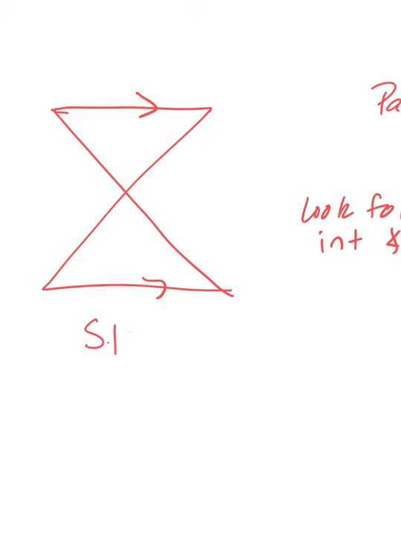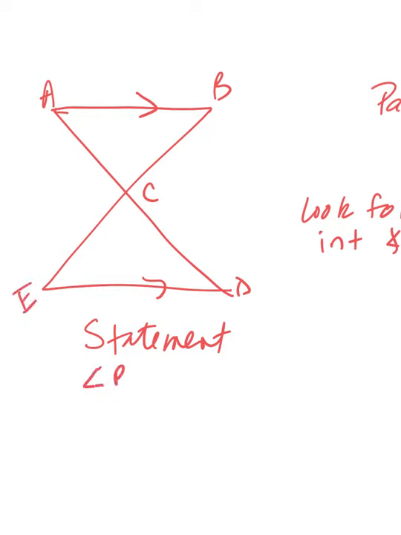And so the statement on this picture, let's say this is A, B, C, D, E, is angle B is congruent to angle E, because if those two lines are parallel, the reason is definition of alternate interior angles.